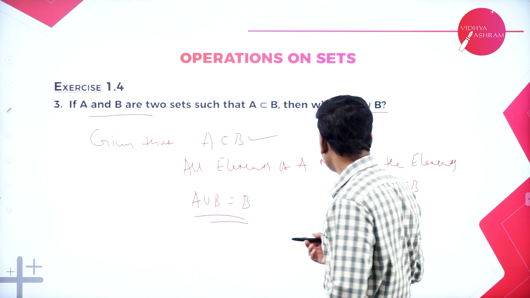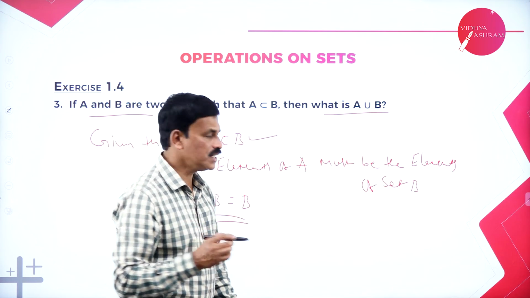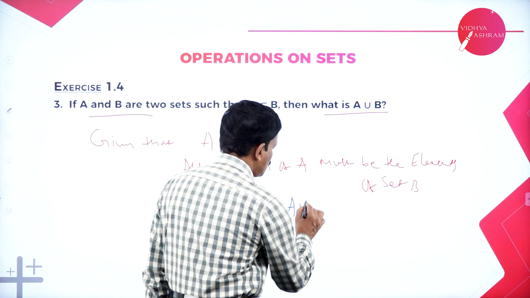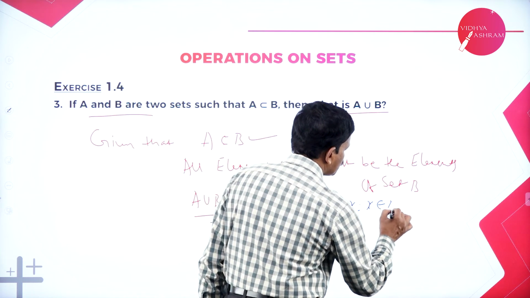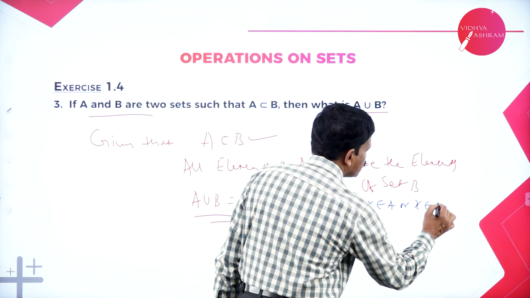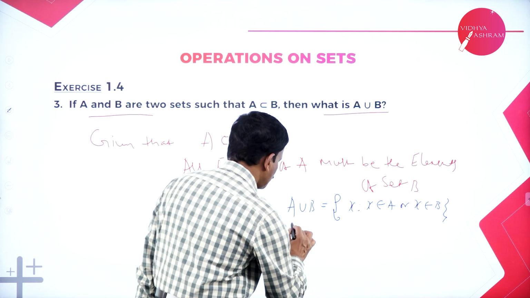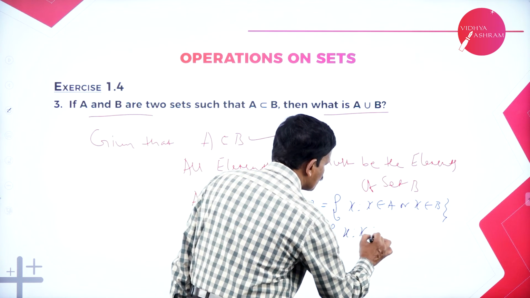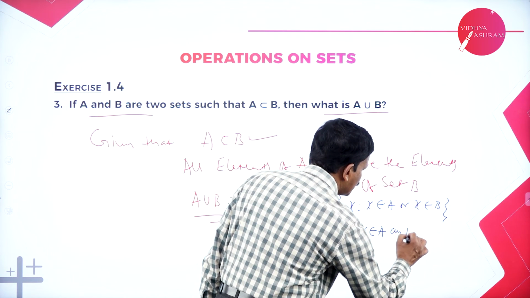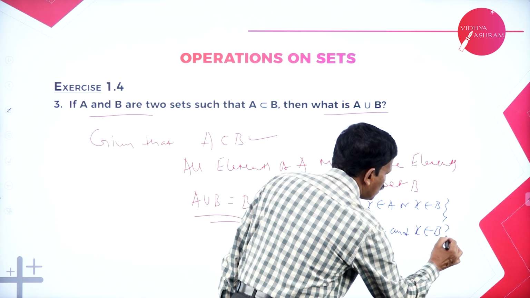The very important concept we have studied here is the union. For any two sets, A union B is equal to {x such that x belongs to A or x belongs to B}. And the intersection of two sets, A intersection B, is equal to {x such that x belongs to A and x belongs to B}, the common elements.